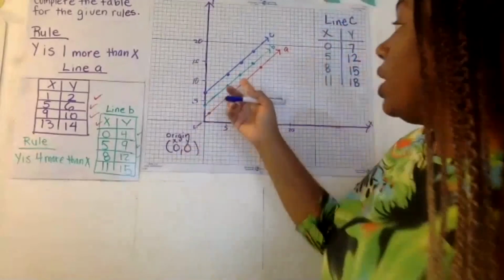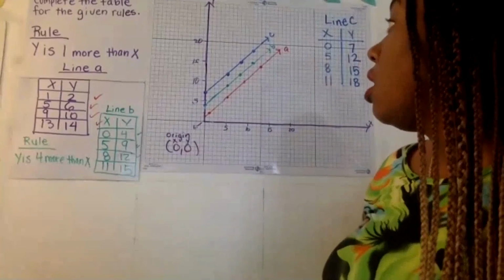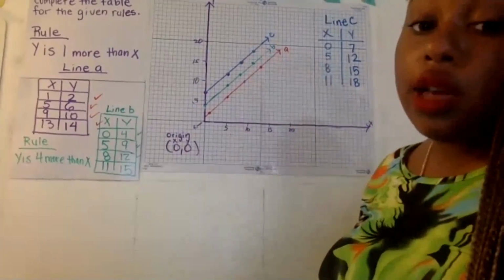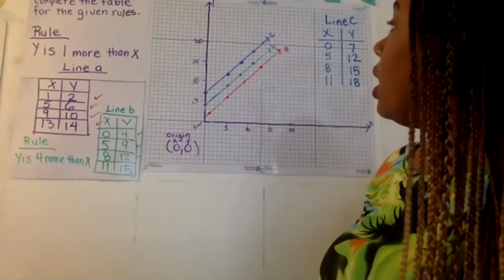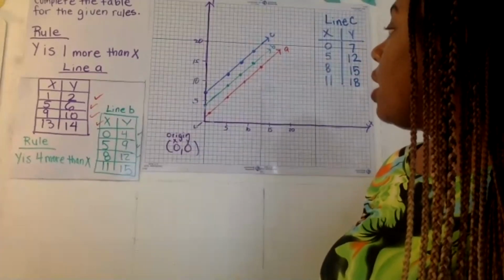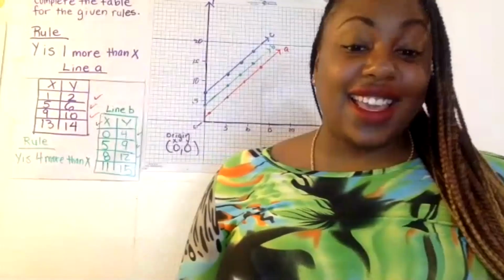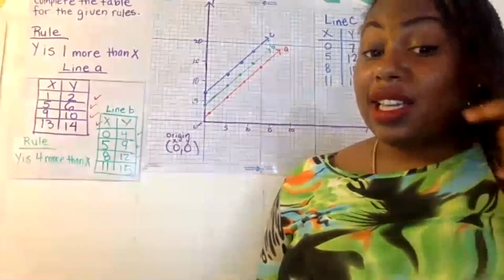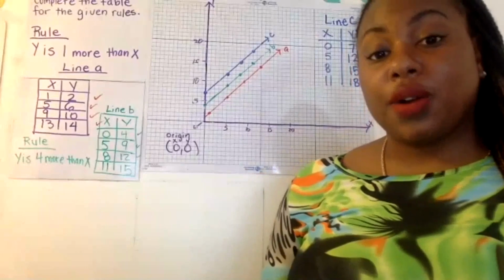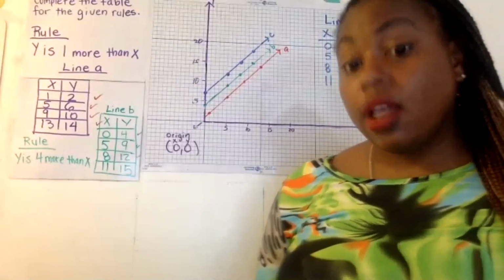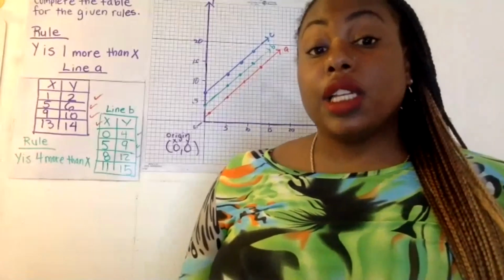Line B is just 3 units smaller than line C. So line C is parallel to line B, and line B is parallel to line A. And that is the end of our lesson for day 1, week 9. What you need to do is your problem set.